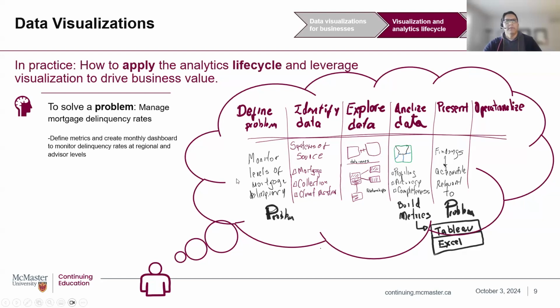For instance, you may be thinking, okay, let's create a metric that will let us know how many clients are mortgage delinquent. And you have to define the metric clearly, indicating whether that is a percentage, a dollar value metric, or just a count. All that has to be part of how you define the metric.